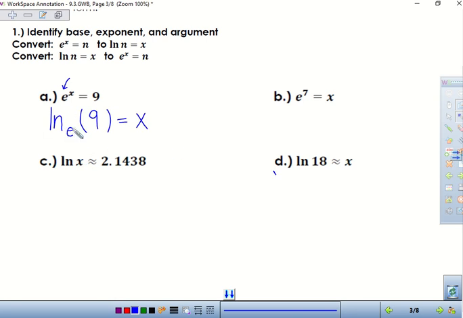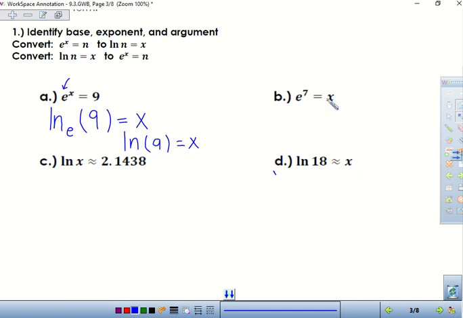Now, remember how I said that ln always has a base of e. So you actually don't often see it written in there. It's unnecessary. It's redundant. It's like writing x to the first power. Okay? So you're often going to see it written without the base there because we already implied that the base is e. So if you see ln, you know what the base is. It's e. And the reason we do that is because now this is something you can type into the calculator. Okay?